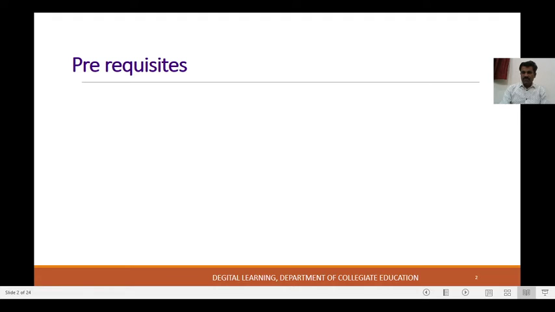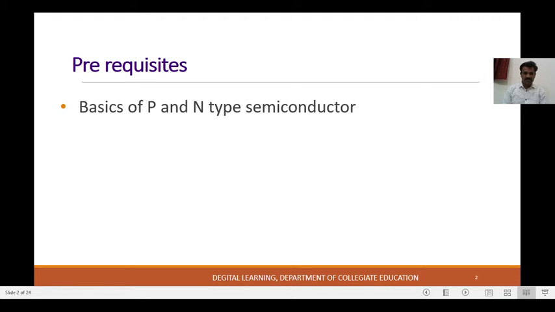A student should have prerequisites about the basics of p-type and n-type semiconductors. We get a p-type semiconductor when acceptor impurities, trivalent materials like gallium, boron, indium, aluminum, etc., are doped with pure silicon or germanium.